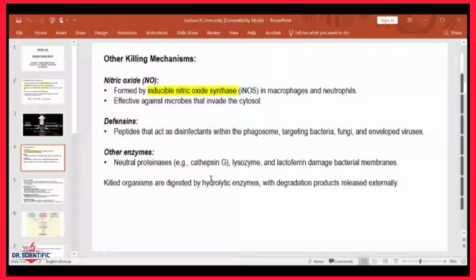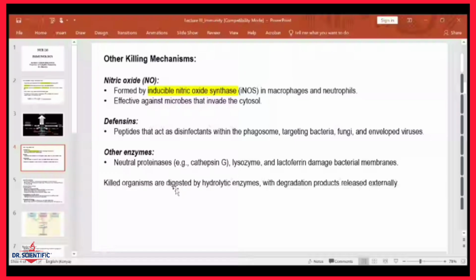We also have other enzymes such as cathepsin, lysozyme, and lactoferrin that are able to kill bacteria, because most of these enzymes are hydrolytic. They add water components onto the bacterial membranes, and once that happens, the membranes are compromised and become porous, and the bacteria will be killed.